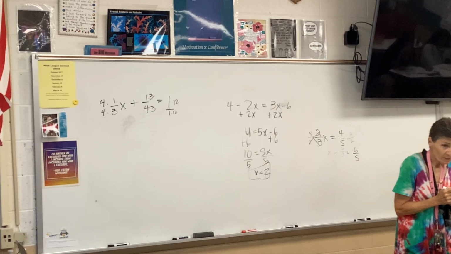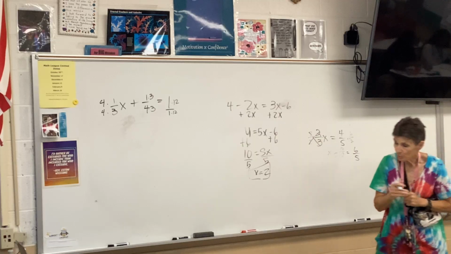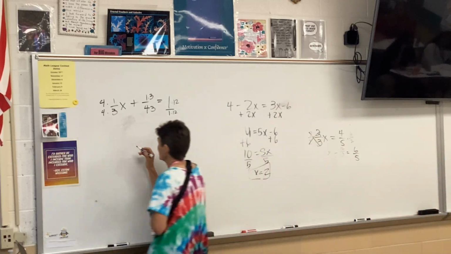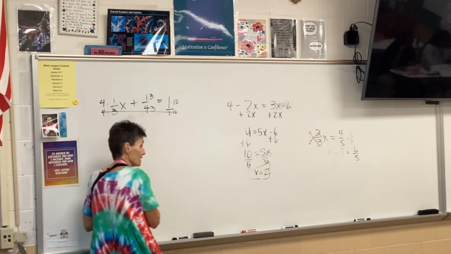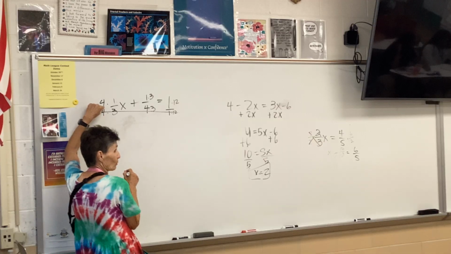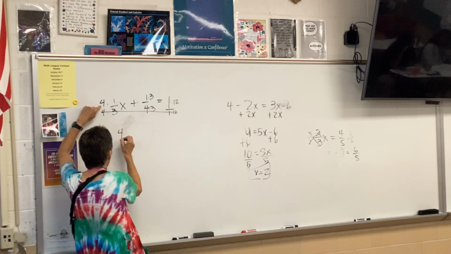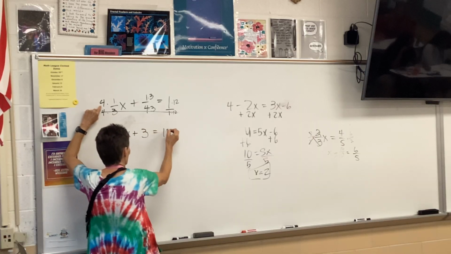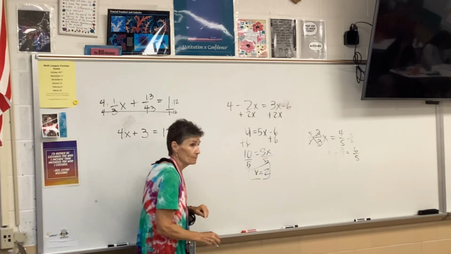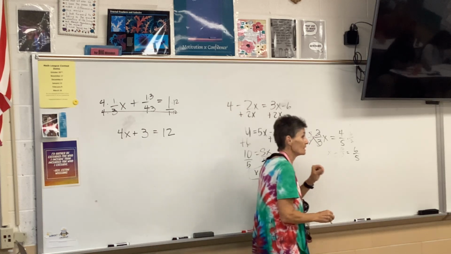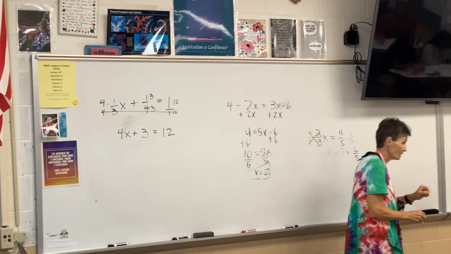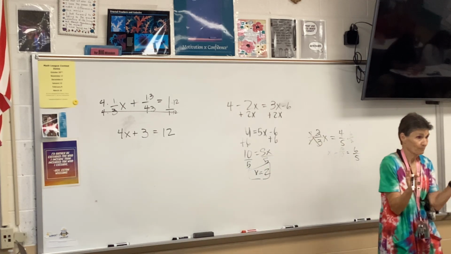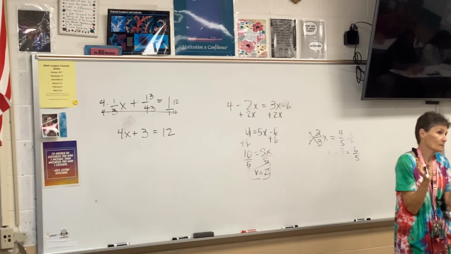Once you make everything a 12, you disregard the denominators. They're gone. We don't even look at them anymore. And we do the numerators. So we have 4x plus 3 equal to 12. Make the denominators the same and then ditch them. And then just solve what's left.